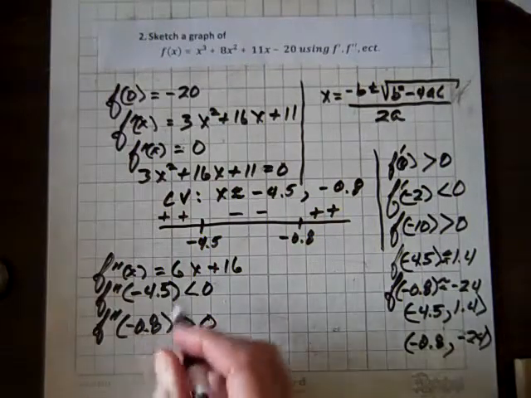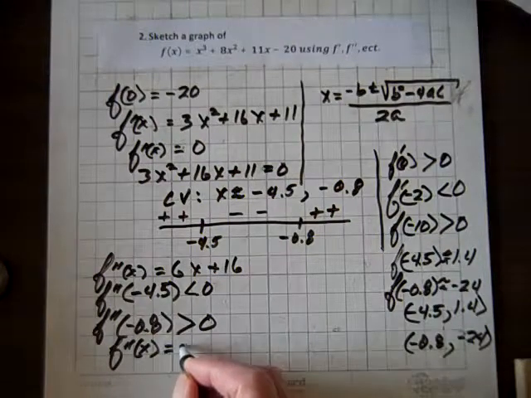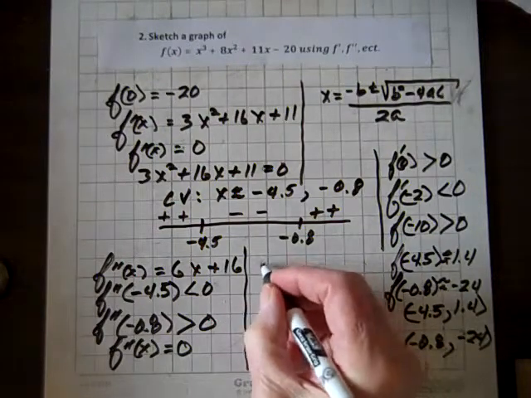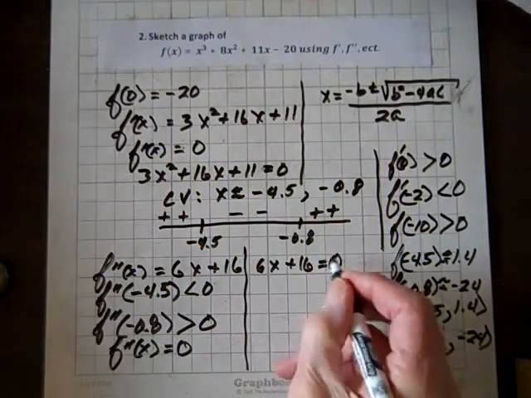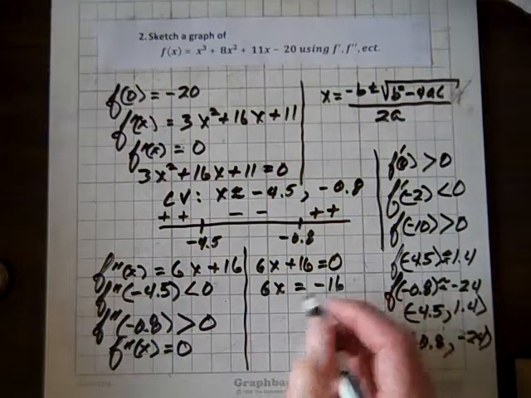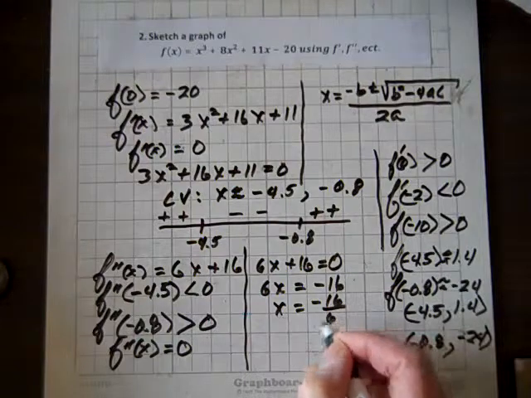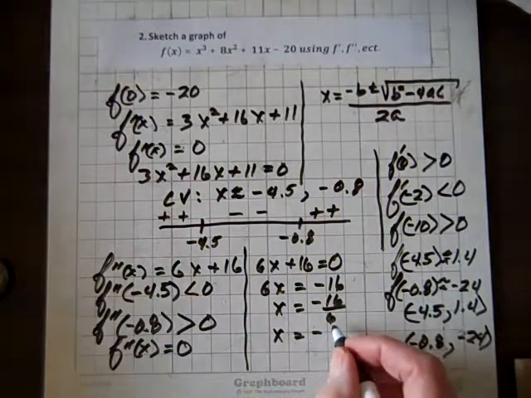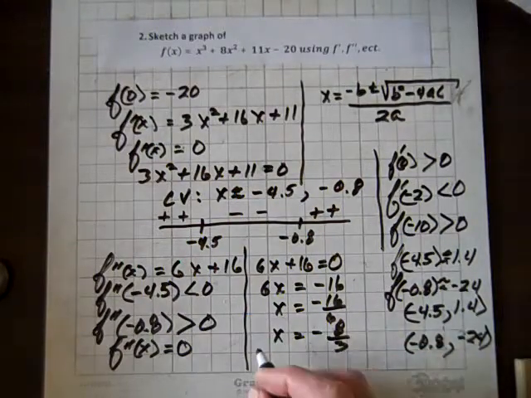Now, let's set f double prime of x equal to 0 and see what the inflection point is. So that means 6x plus 16 equals 0. So 6x equals negative 16. x equals negative 16 over 6. So x equals negative 8 over 3.